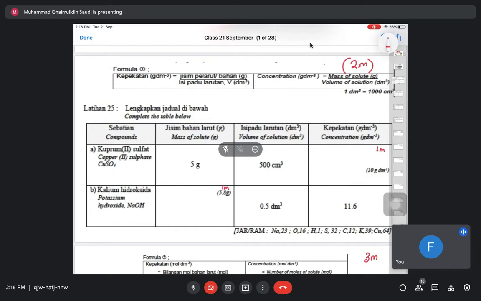This question asks you to find the concentration in gram per dm cube, and it's given that the formula for gram per dm cube is the mass of solute divided by the volume of solution. Please give me 2 minutes, guys.